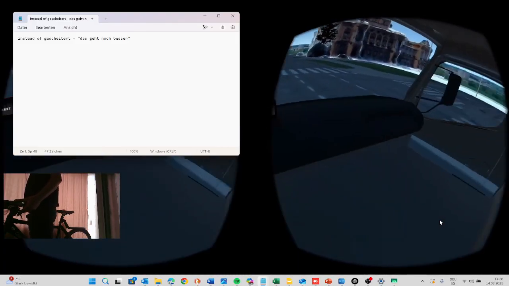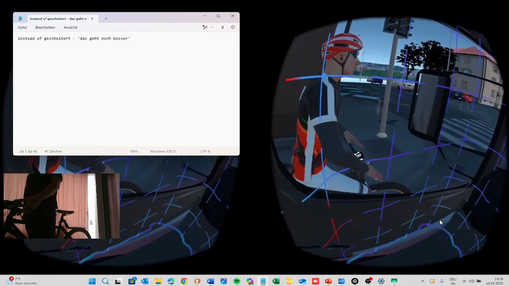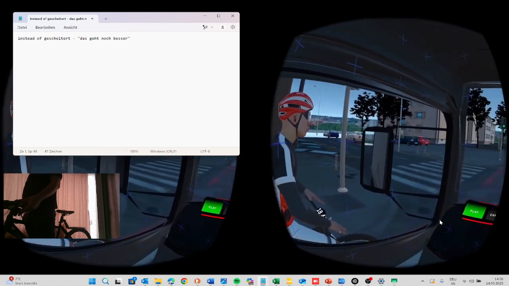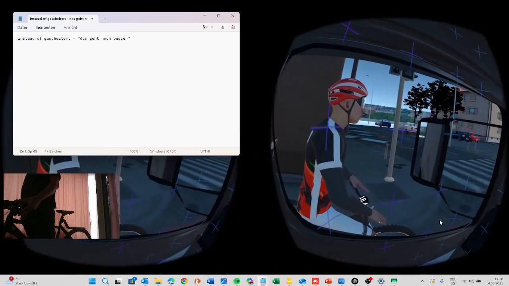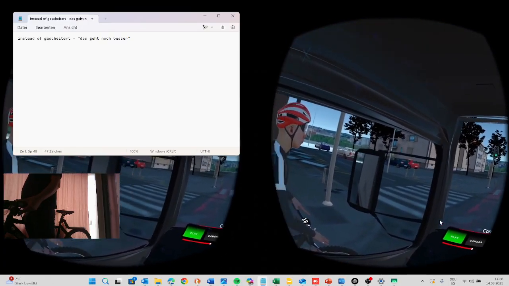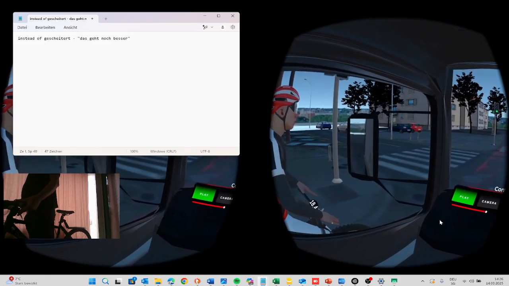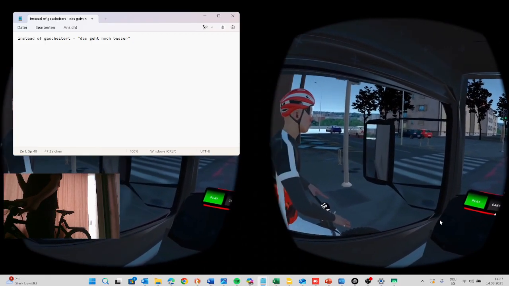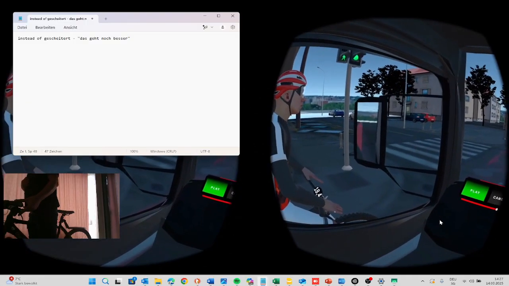The mirror is kind of okay. This is a little bit weird with the interior, but it's not so important. And I like the mirror in general. I'm just thinking if it should be a little more like this.